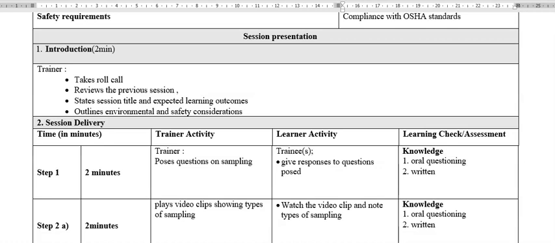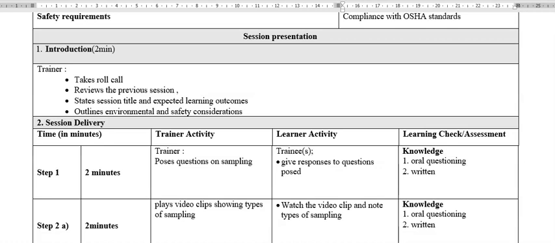What about the probability type of sampling? Yes, James? Yeah, that's very correct. So, for the probability type of sampling, this is the type of sampling where every member in the population has a chance to be selected or to participate in the research.